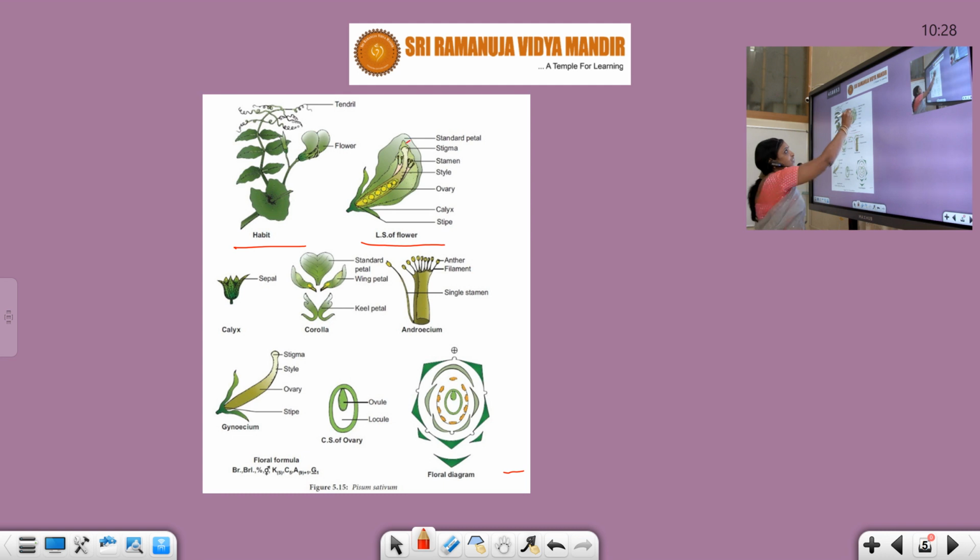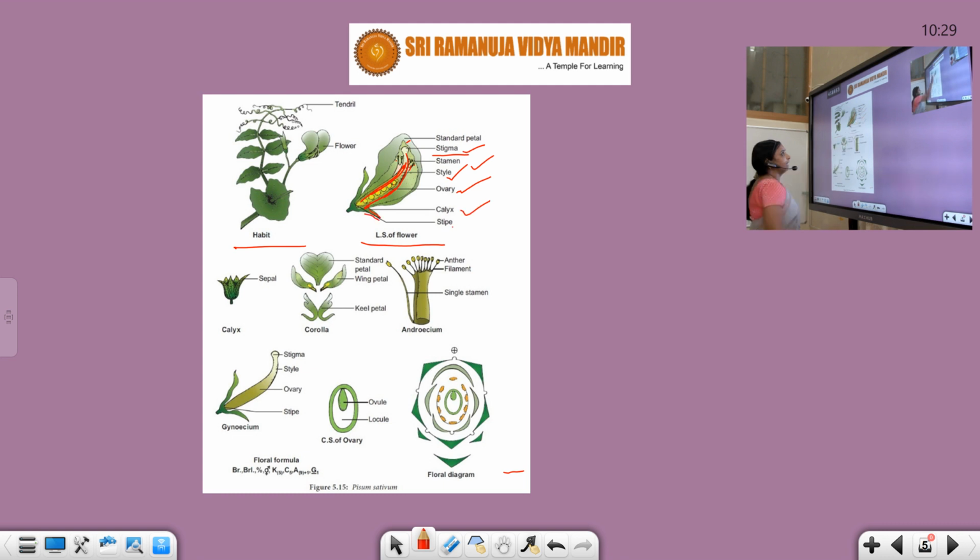Then the gynoecium part: the upper portion is the stigma, these are stamens, and here is the style, a slender tube-like structure. This portion is the ovary, where the ovules and seeds are present, and here you can see the green leafy structure, the calyx.